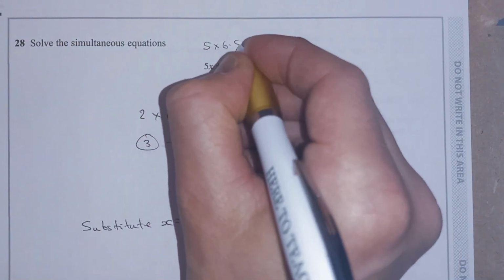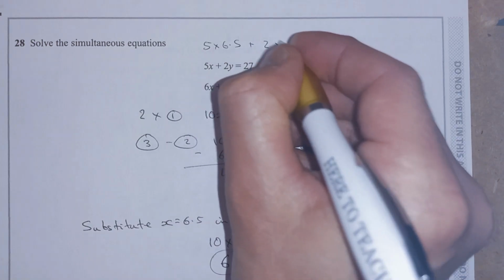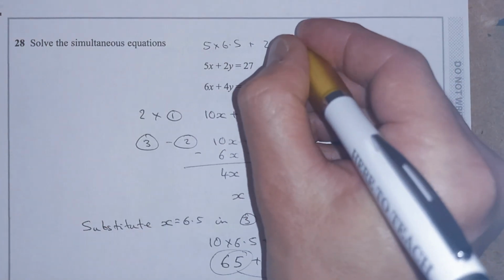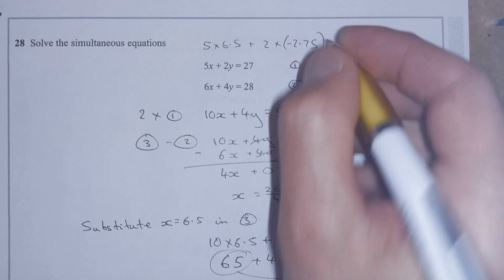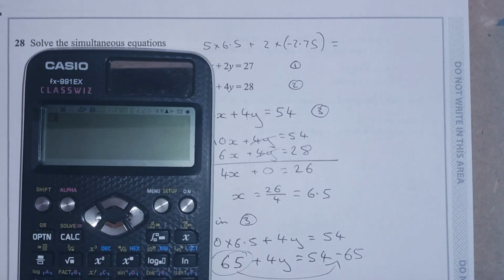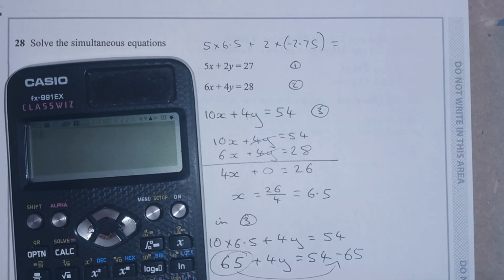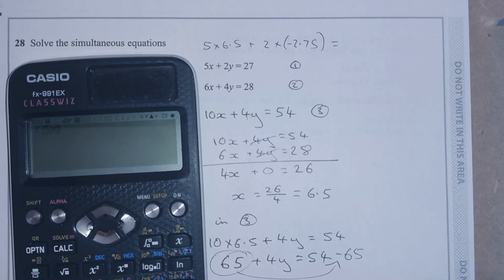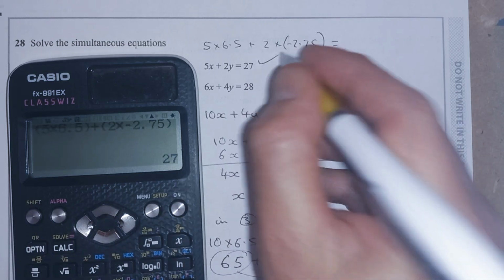So for example, if we say 5 times 6.5 and then 2 times minus 2.75, let's put that in the calculator and see what we get. So 5, I'll do it in brackets so we can see it all as 1. So 5 times 6.5 plus 2 times minus 2.75. I wouldn't usually do it all in one, but we get 27.